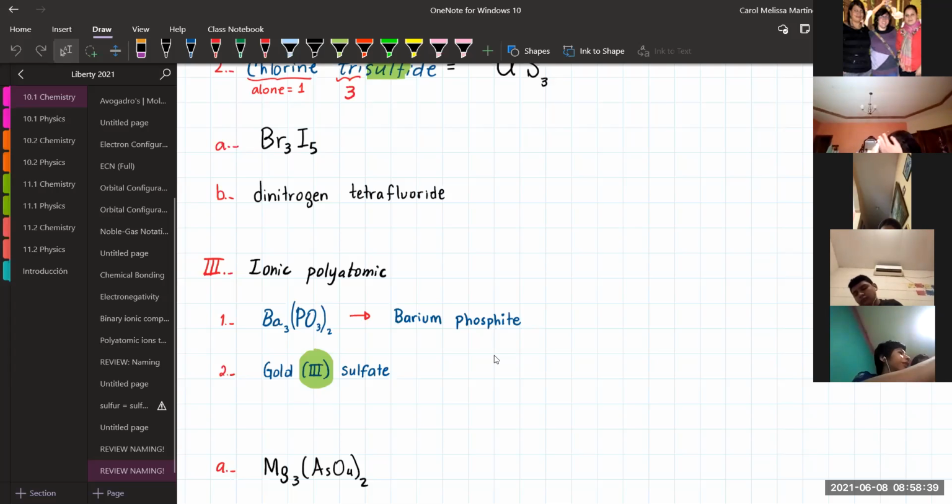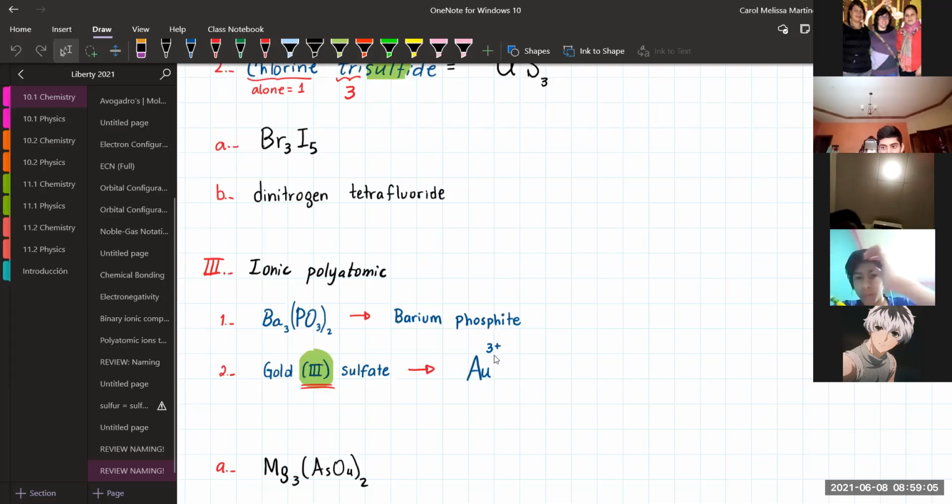That is what the Roman numeral III is telling me. So I'm going to write the symbol for gold, which is Au, and the charge specified in the problem, which is 3. So my compound is going to be formed of gold 3.